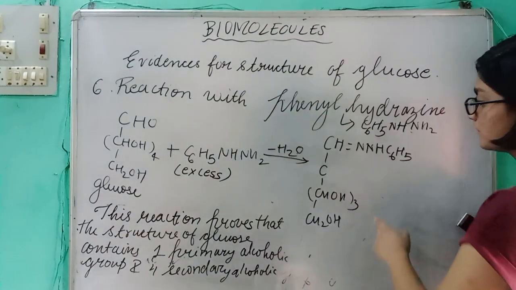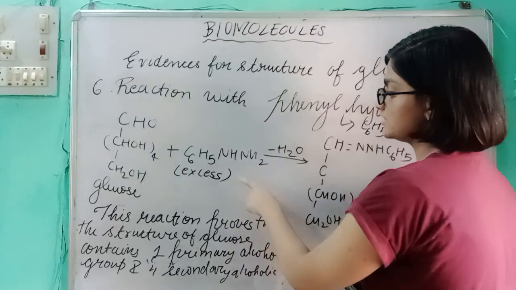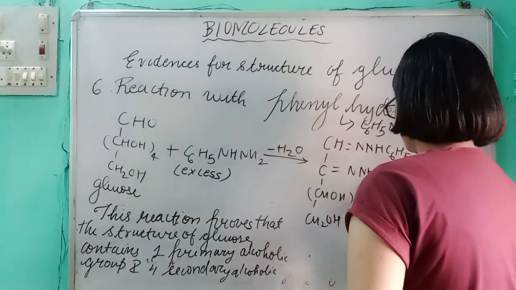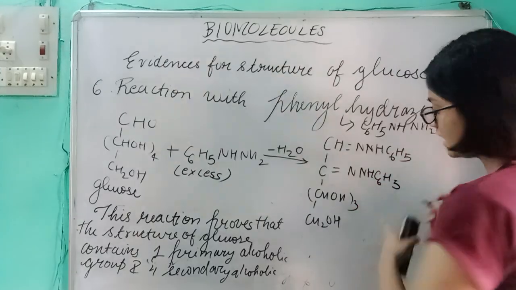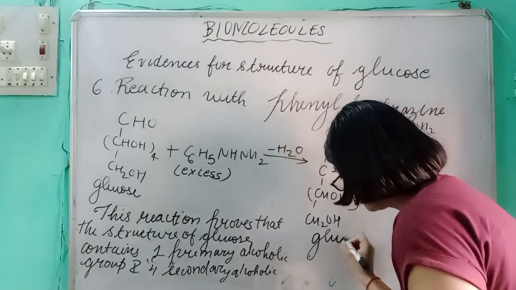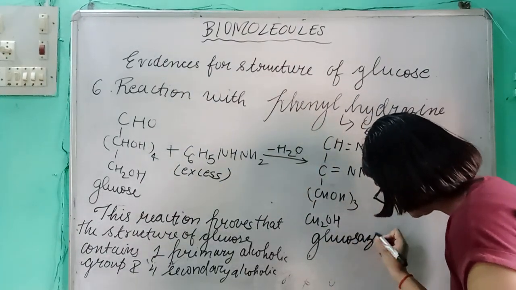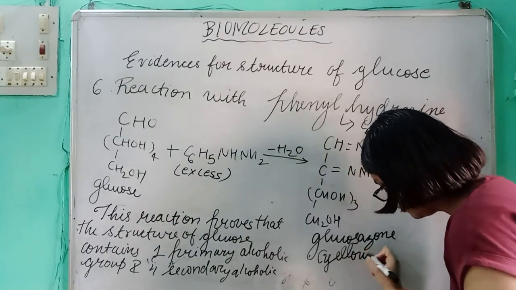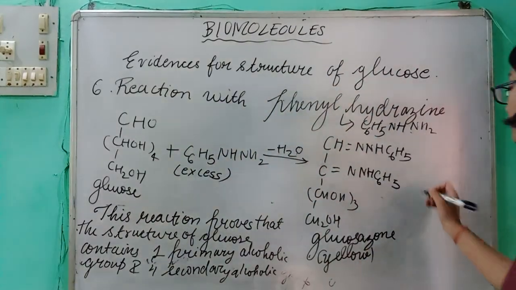So, if our phenylhydrazine is in excess, then a structure known as glucosazone will be formed, which is having a yellow color. Along with it, what will be formed?